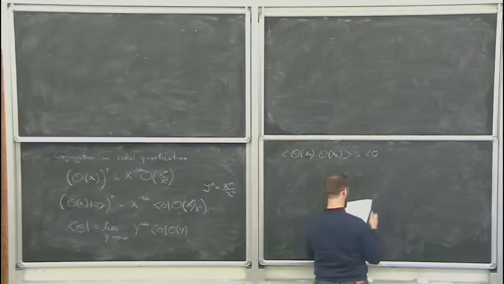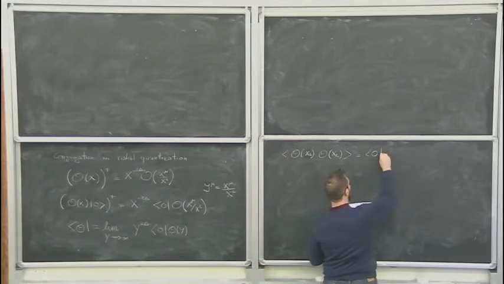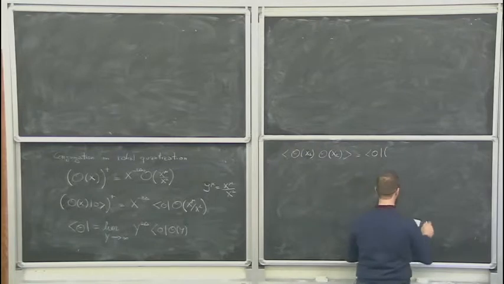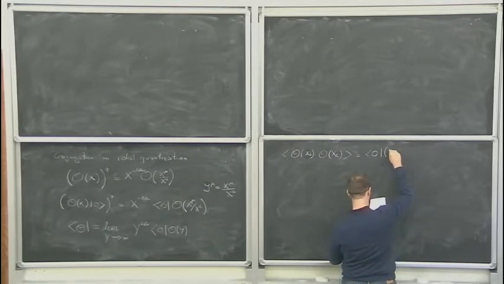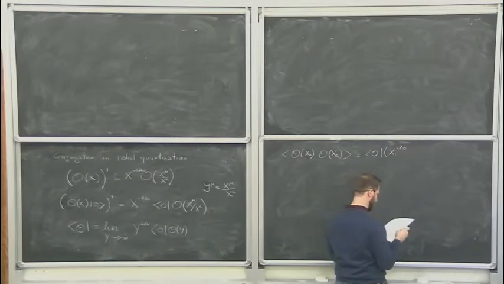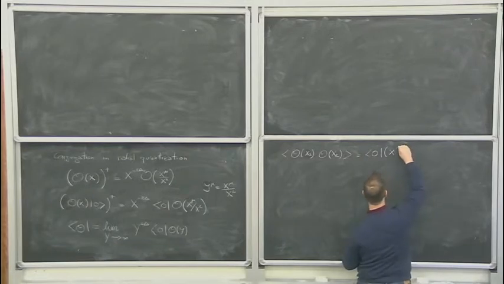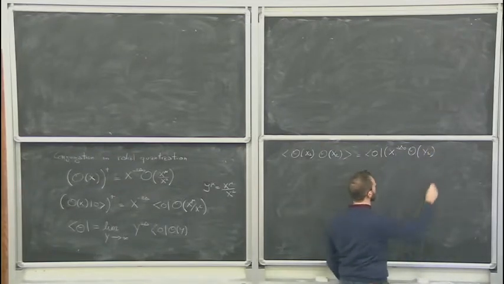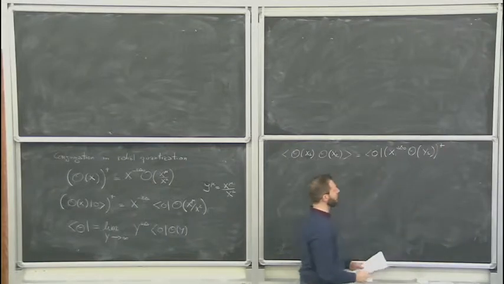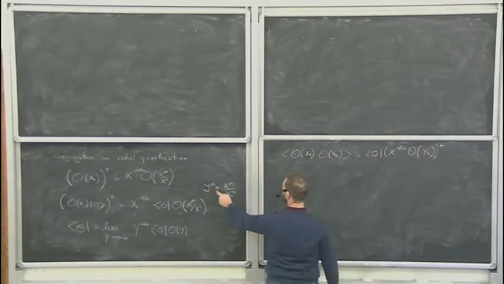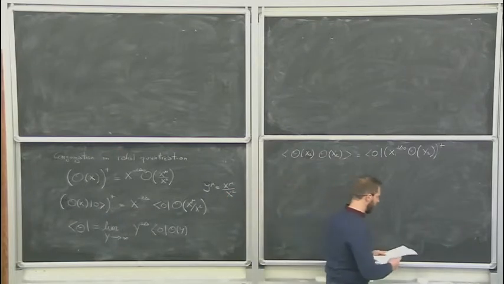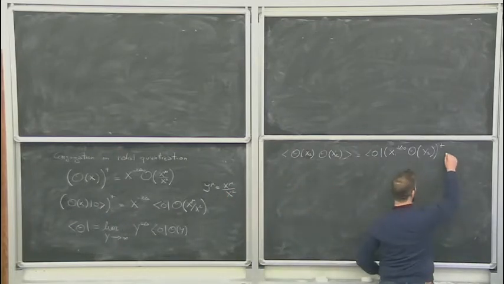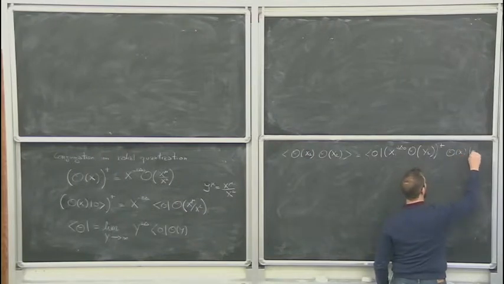The vacuum, some operator conjugate, which will be x1 to the minus 2 delta O, operator inserted at y1 conjugate, where again y is related to x with this definition, and then O(x2), vacuum.